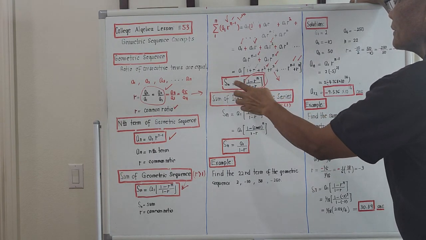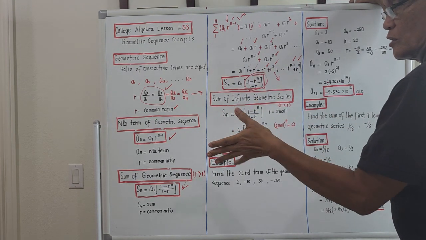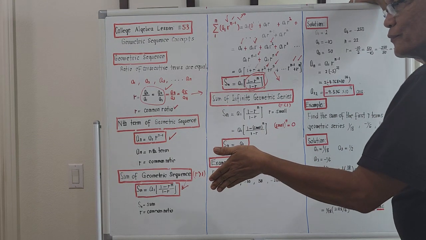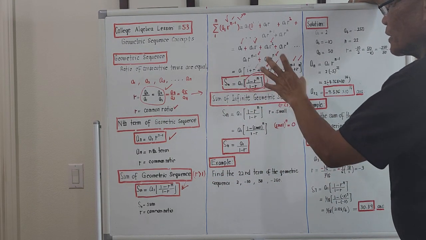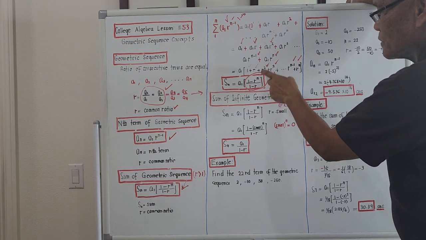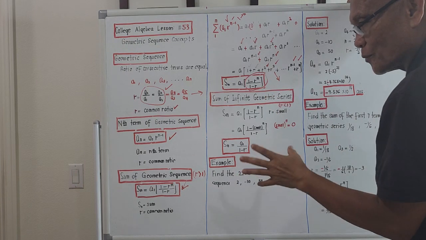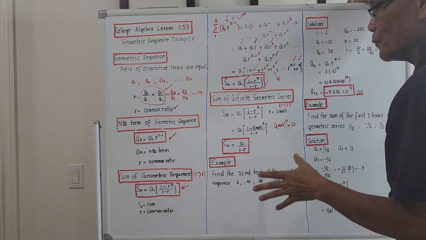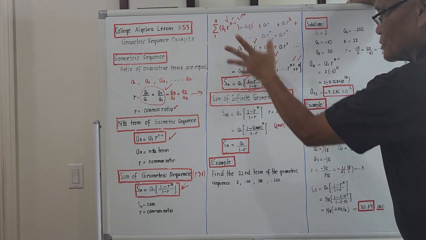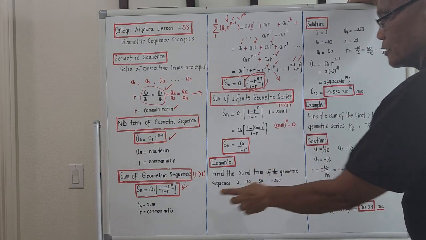The simplified equivalent of this, I think it will be by using a long division or a synthetic division. If we try to manipulate this one, this should be equivalent to 1 minus r to the n over 1 minus r. So the general formula on how to take the sum of a geometric sequence will be A1 times the quantity 1 minus r to the n over 1 minus r. It is this.